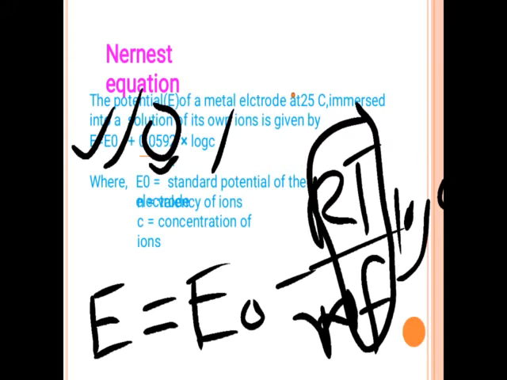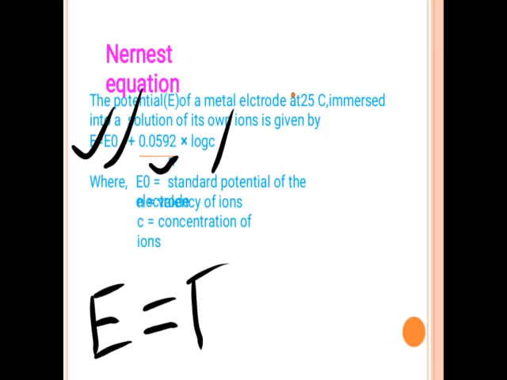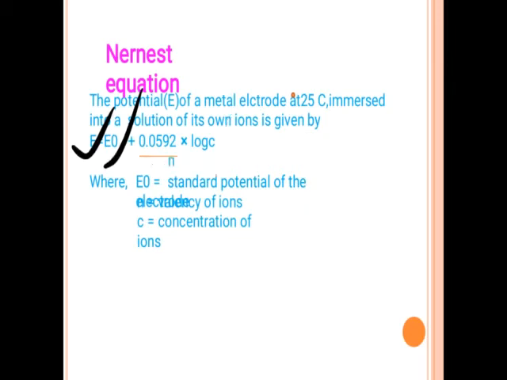That value is the minus 0.0592, so minus minus becomes plus. So in this equation it becomes plus 0.0592, the n in the denominator stays as it is, and log C remains as it is. In this way the equation is derived from E is equal to E0 minus RT upon nF into log of C.